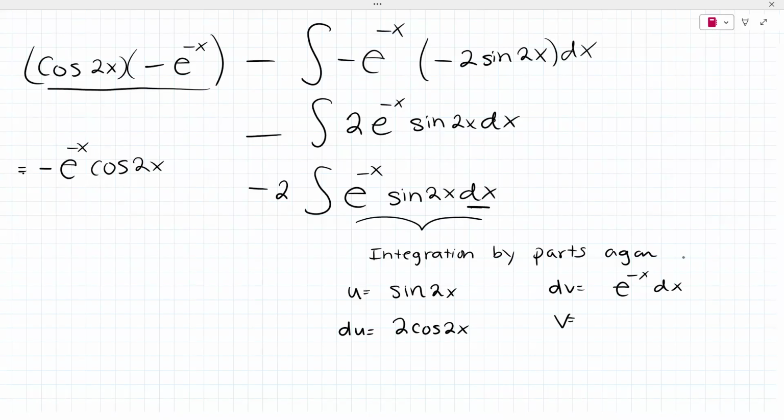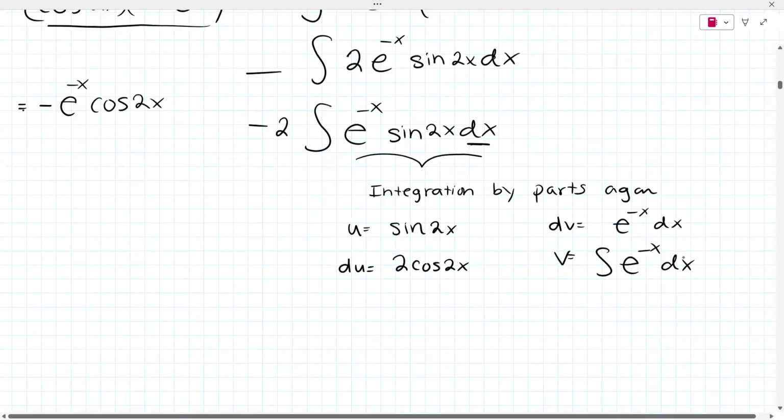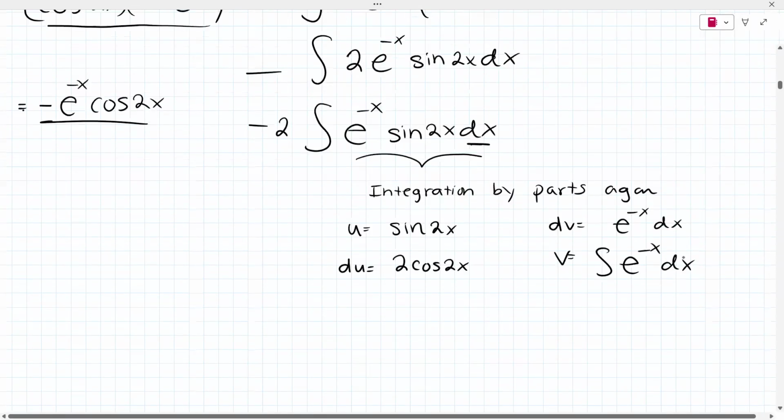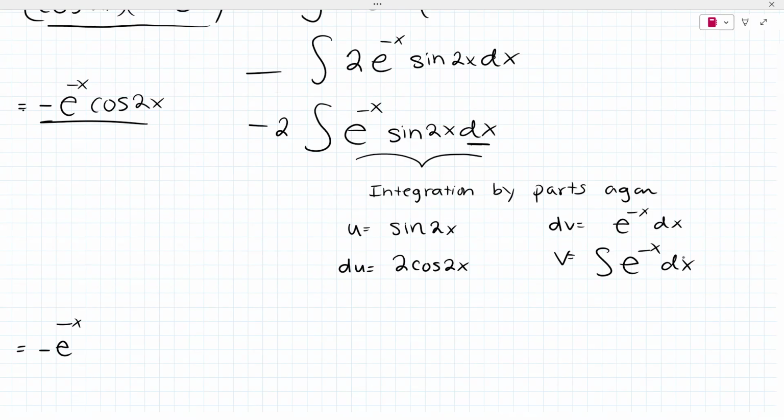And then my v is going to be the integration of e to the negative x dx. So this is still the same. Then you have a minus 2, and then you still have to do that integration by parts again, so it's going to be uv minus the integration of v du.